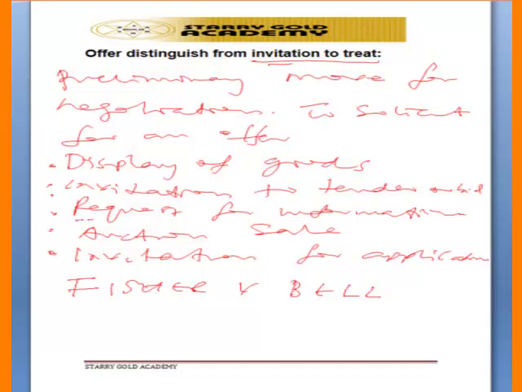At the same time, request for information, auction sales, and also invitation for application, where I'm looking for a teacher, and then announce to members of the public that I'm looking for a teacher. People will now bring applications. My announcement is not an offer, it is an invitation to treat. So people bringing applications to become teacher in my school are the ones bringing an offer.